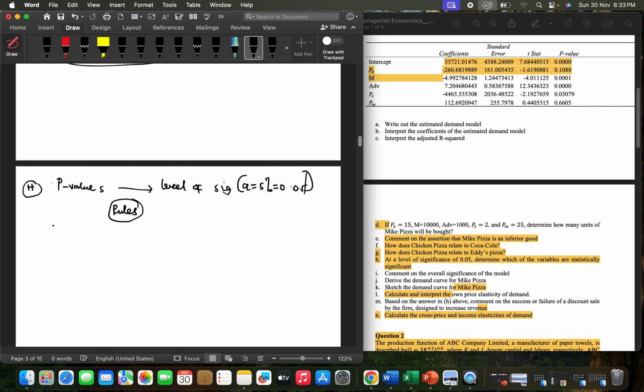Rules. If your p-value is greater than your level of significance, which is alpha, the decision to be taken is not statistically significant.